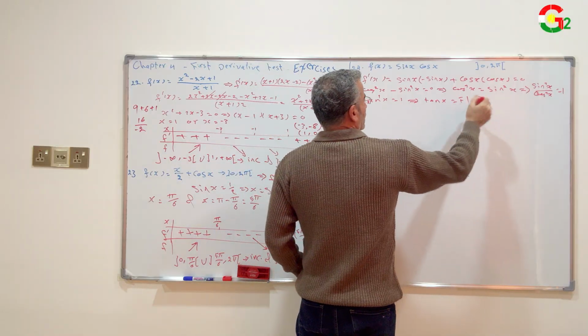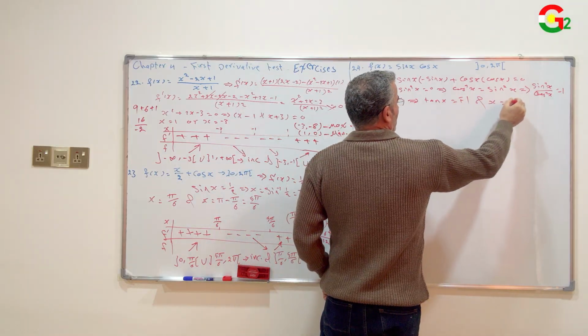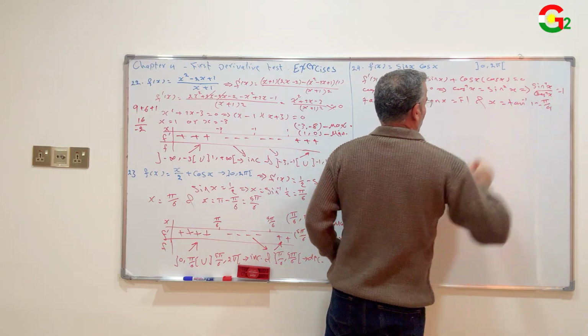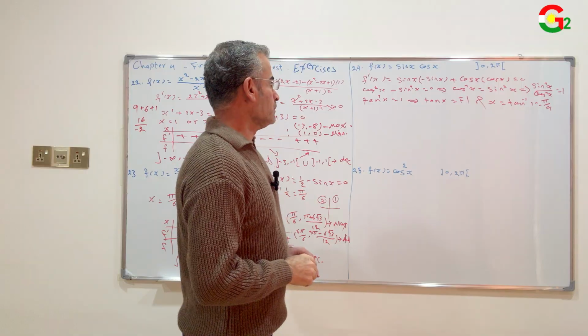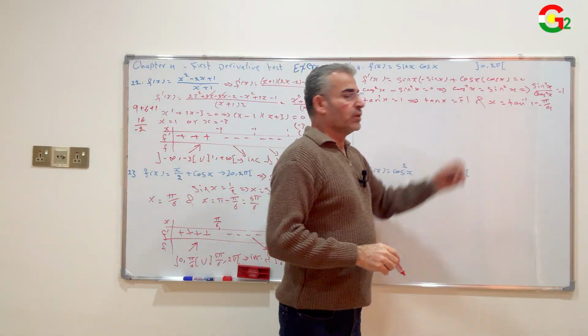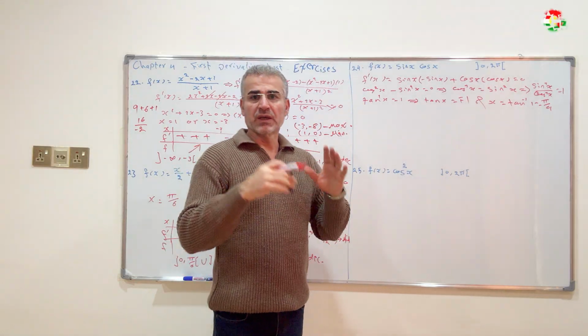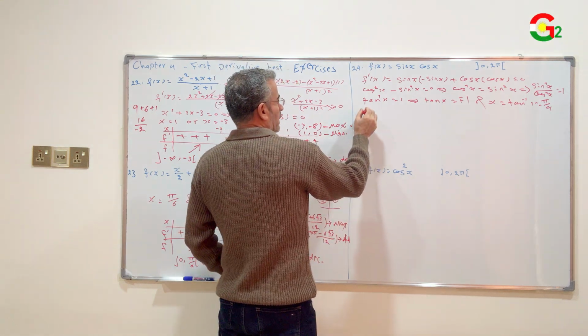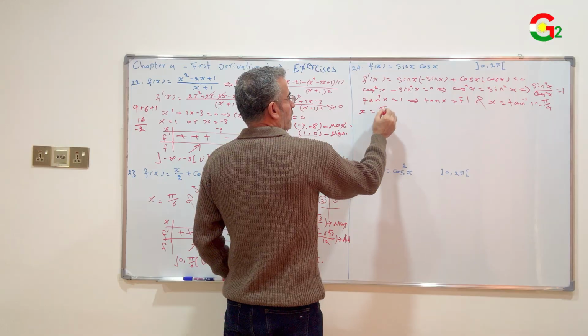And x equal tan inverse 1 equal to pi over 4. Tan x equal negative or positive 1, there we will take it in the fourth quarter. In the first quarter, x equal to pi over 4.